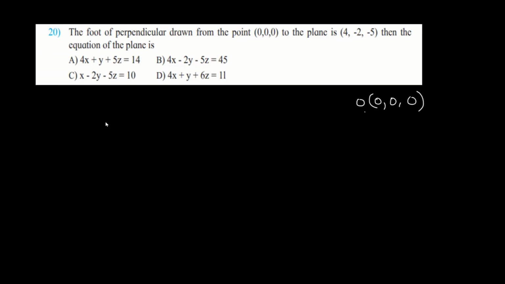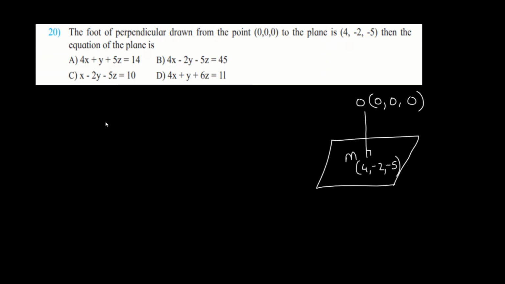And from O, we are drawing a perpendicular to a particular plane. And the foot of the perpendicular from O to the plane is, say, M. And thus, M has the coordinates (4, minus 2, minus 5).